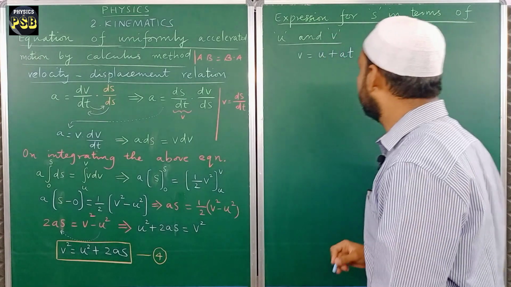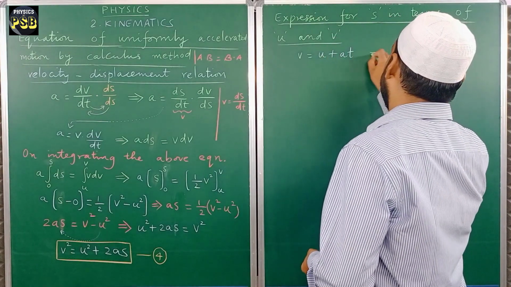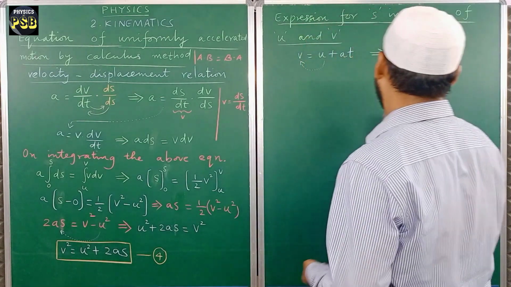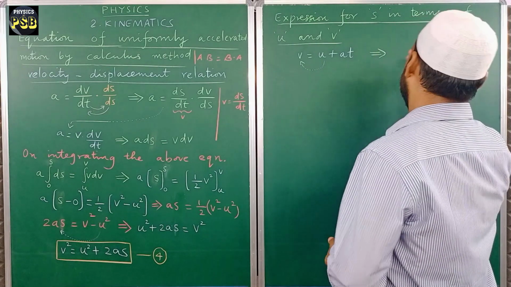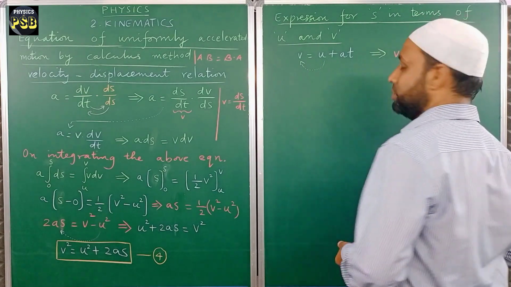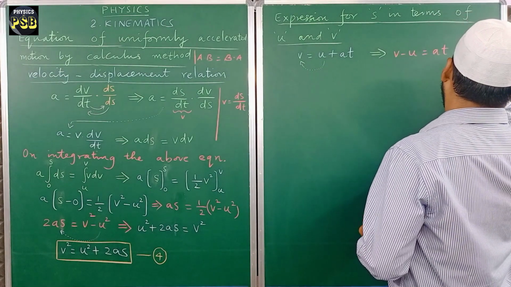Then from this, I get the value of at by taking this term to the other side. So what happens if I do so? I get v minus u equals at. Now this I take as equation number 5.